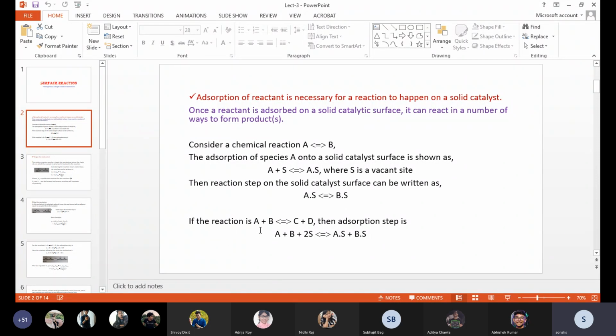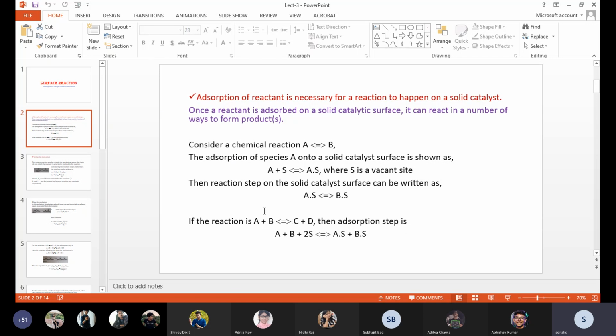If the reaction is A plus B to C plus D, then before we talk about the reaction step, we always have to talk about the adsorption step. Otherwise, we cannot proceed towards the reaction step.